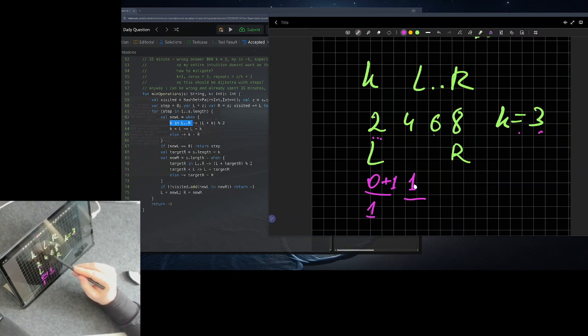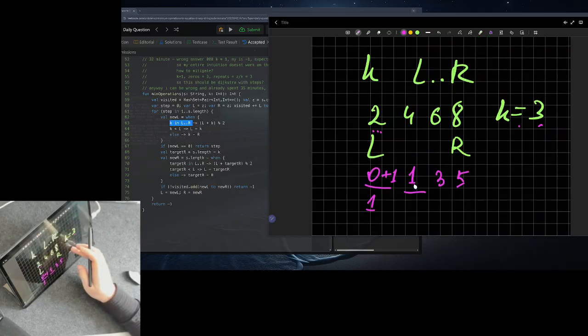If we have 6, we convert 3 again. If we have 8, we convert 3 again. So I'm kind of not fully grasping this intuition, I think.